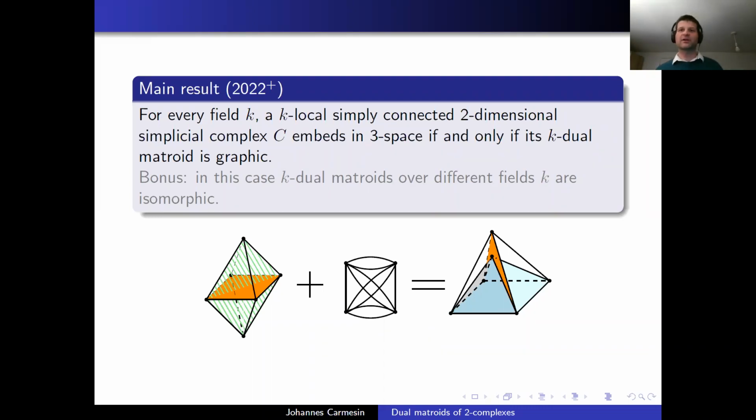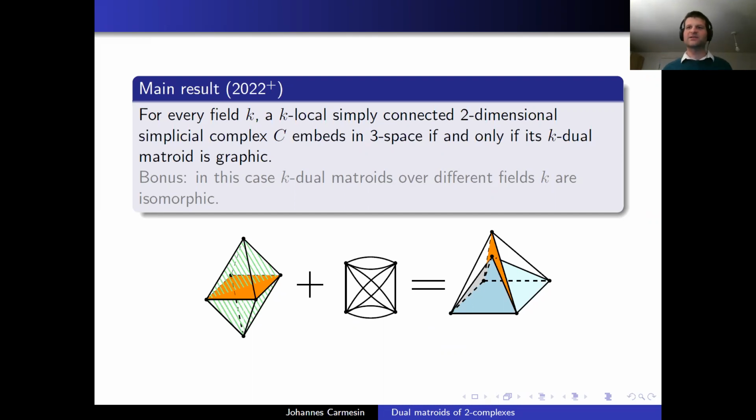If we're non-embeddable, the reason could be that there are some crazy matroids, embeddable over one field and not over another. If the dual matroids are not isomorphic for different fields, then the two complex is not embeddable. But if the two complex is embeddable, then magically all these matroids are the same, and we could have done our computations over our favorite field.